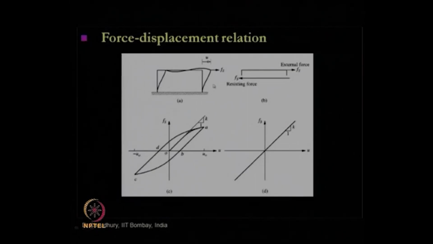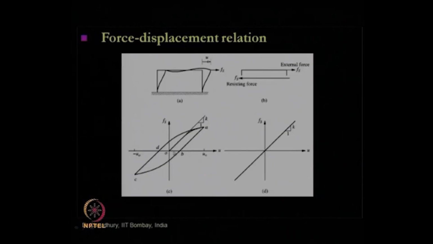Then, the force displacement relationship: we know that when there is a spring force, the external or resisting force can be calculated like this. Displacement versus spring force can be related through this pattern, that is, it loads, then unloads, then reloads again.